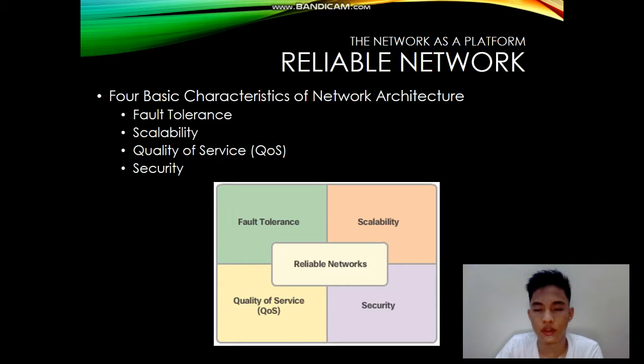Fault tolerance is the ability to handle the errors of the network. Scalability is being flexible, or what we call being versatile. Quality of service is the ability to provide quality of service to the customers, and security, as we all know, is to secure the usage of the network.